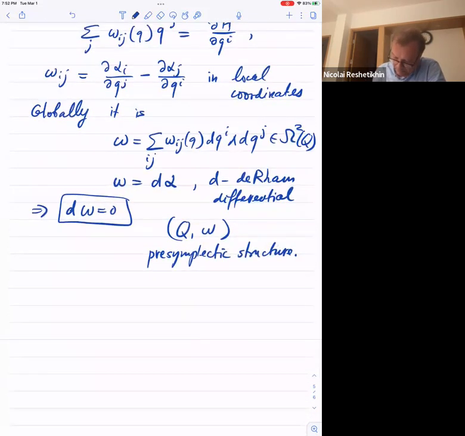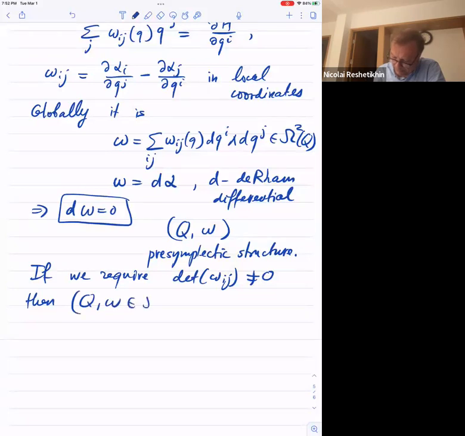And if we require that the determinant of omega ij is non-zero, then this pair is a symplectic manifold.